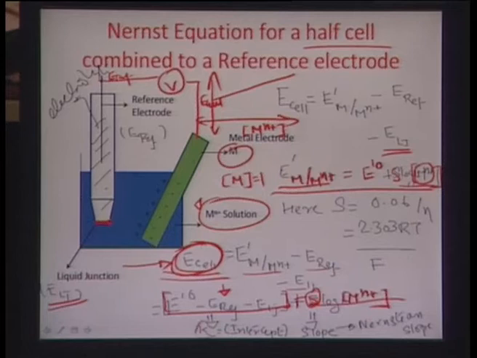We assume this to be k, let us suppose, and this to be slope m. So this intercept is k, and the slope of the straight line is S. So therefore this EMF and concentration shows a linearity.